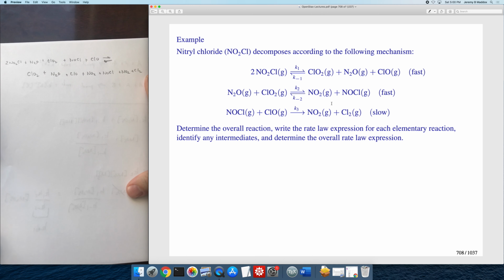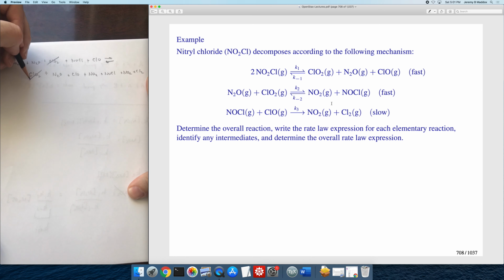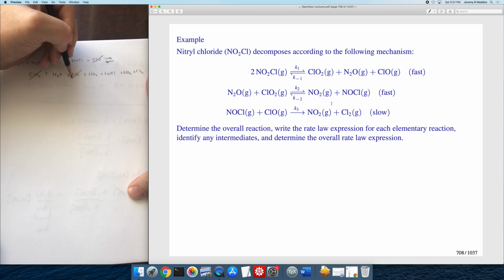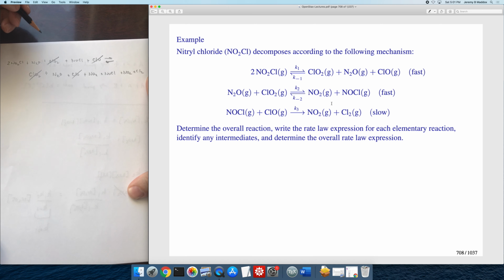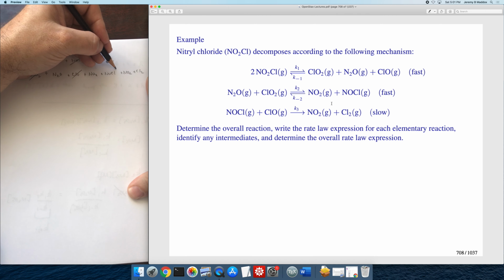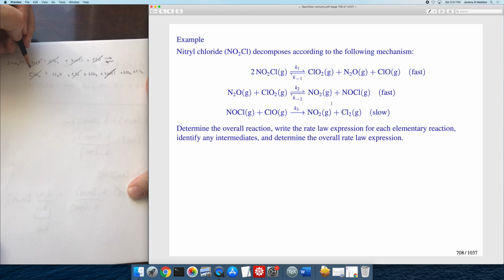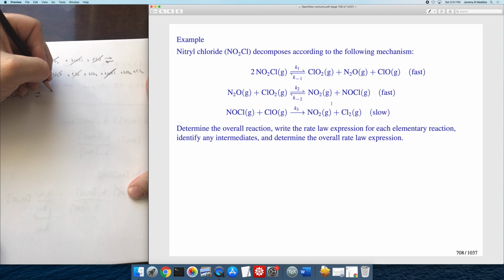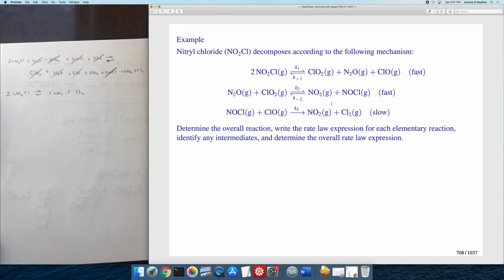It's tough to fit them all. Now what we want to do is cancel things that appear on both sides. So right away I see those cancel, that one cancels, this one cancels. I wind up with 2NO2Cl going to 2NO2 plus Cl2. So that is the balanced stoichiometric equation.